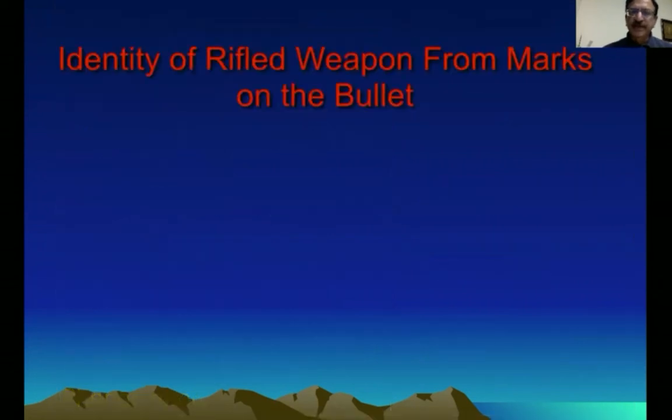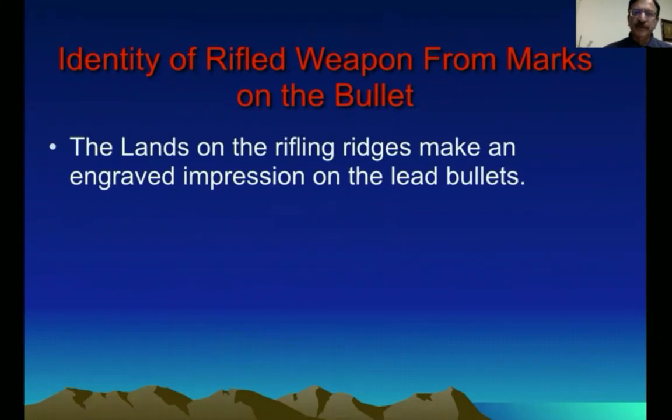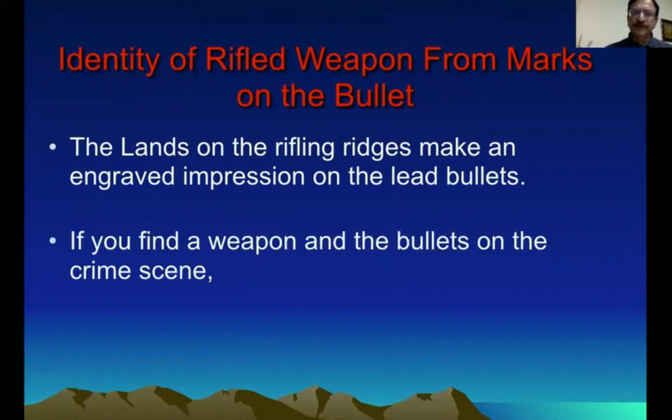Now, sometimes if we recover the weapon and the bullet from the crime scene and we want to confirm that this bullet was fired from the same weapon, every rifled weapon has its characteristics. The lands and grooves mark an imprint on the bullet. So the lands and grooves of the rifling make an impression on the lead bullets.